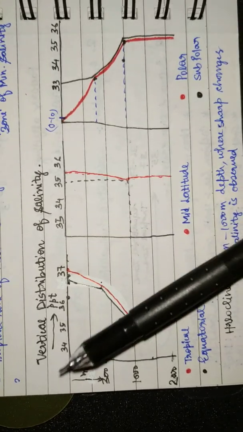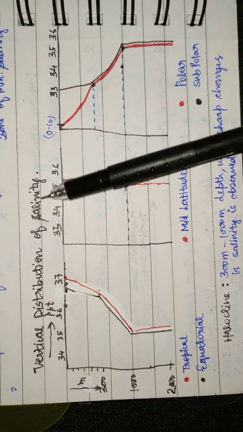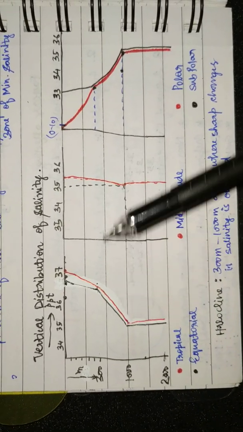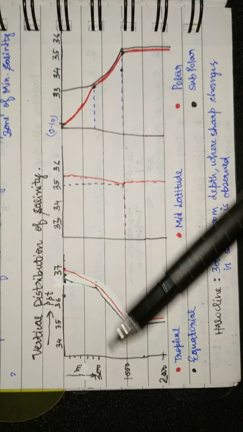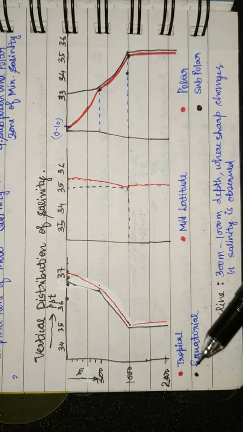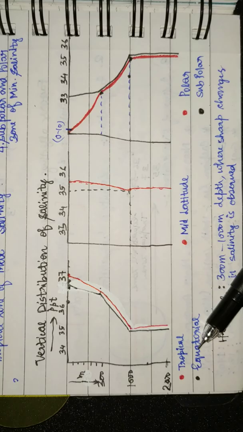Let's restart again. Now first we'll see the vertical distribution of salinity. I have compiled it all in just 3 graphs. Let's start from the equatorial region.